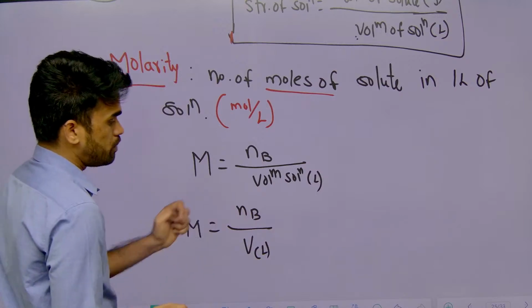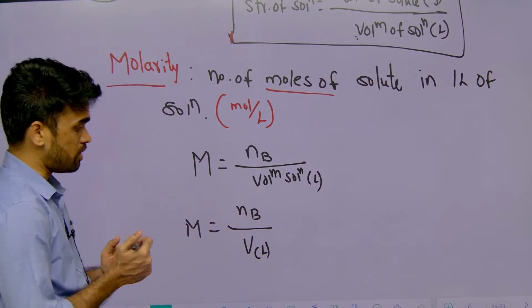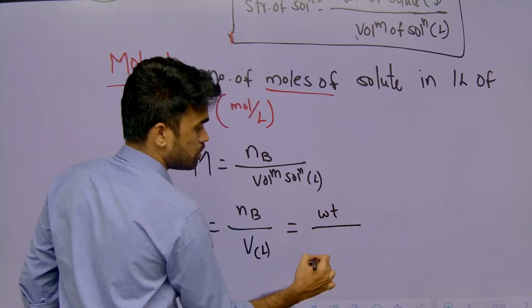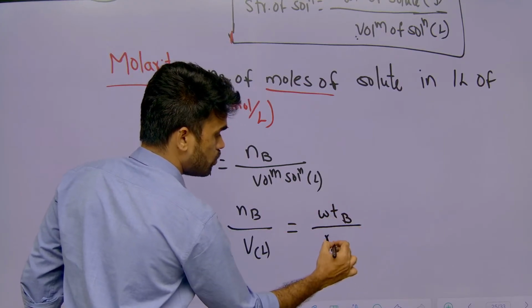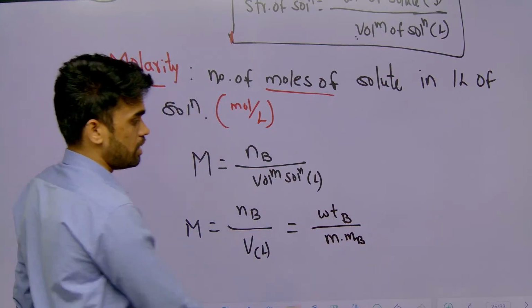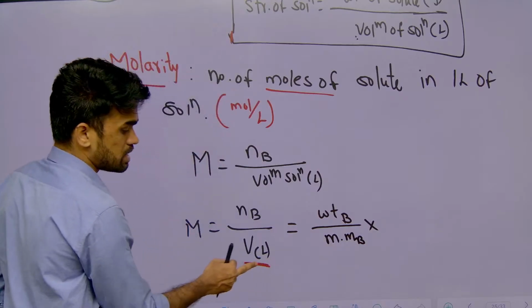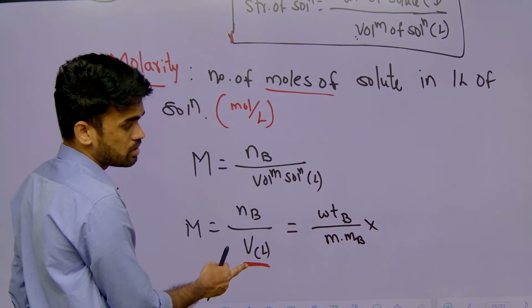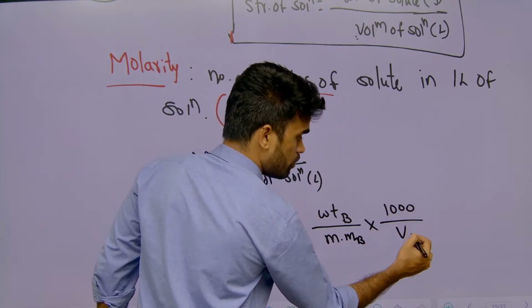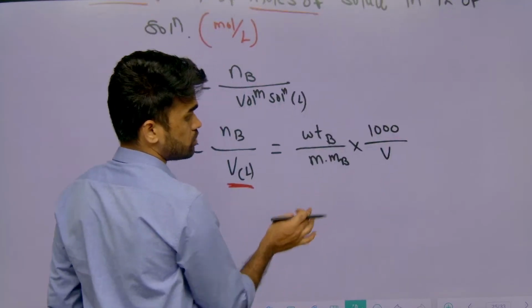So what is nB? Moles of solute. So number of moles I can write as weight of solute by molar mass of solute. You can write this, right? I have written this with volume in liters. If I want to write in mL, you multiply this with 1000 by volume, you can express in mL also.